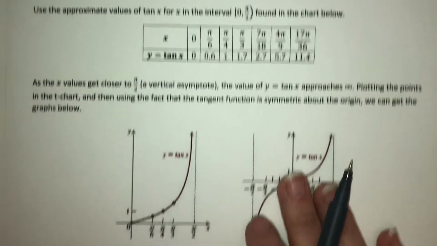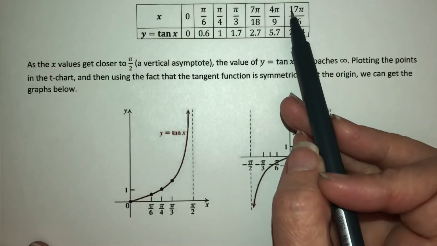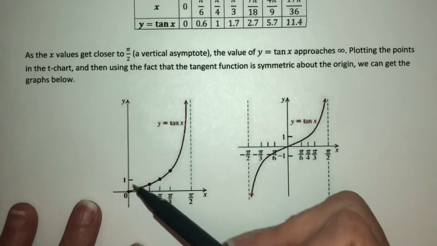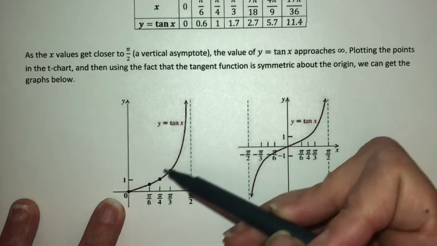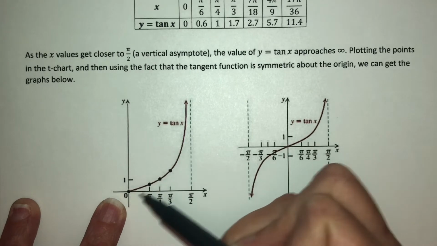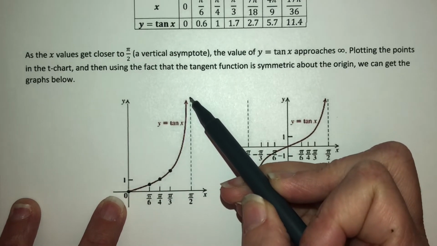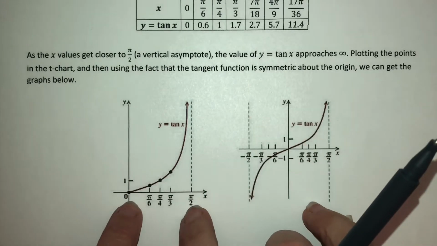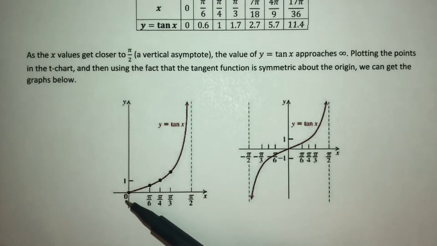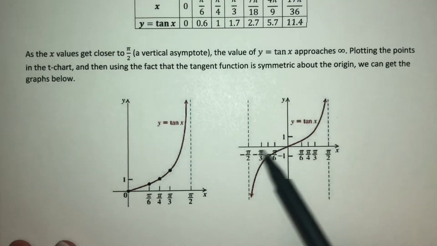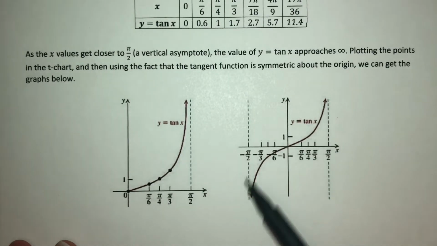If we plot these points here, from 0 to pi over 2, you can see that it ends up going up pretty dramatically. Now, this is only half of a period. Our period is supposed to be pi, and we only have pi over 2 drawn. Well, we know we have origin symmetry, so if we figured out this much, then we can figure out the rest of it because of symmetry.